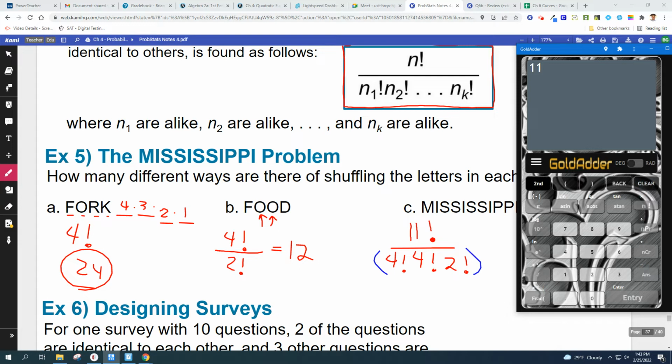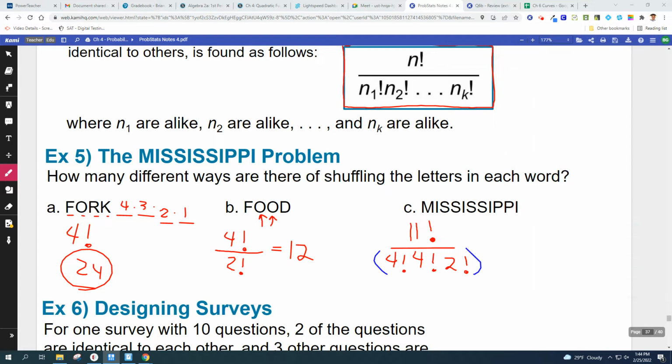So I'm going to do 11 factorial divided by parentheses 4 factorial 4 factorial 2 factorial. The correct answer is 34,650. If you got like 79 million or something, you're off. It has to do with order of operations. 34,650.